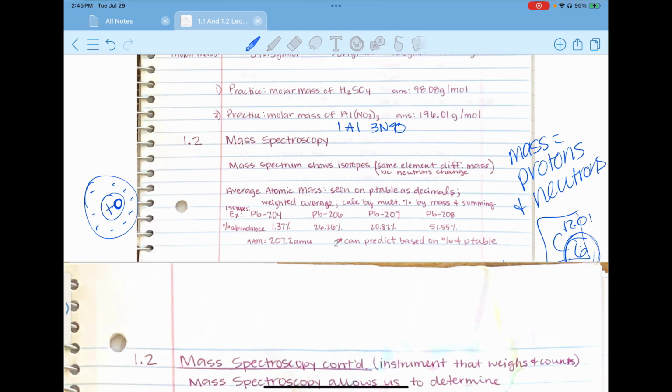It's a rule I tell you to go by. So that number is consistent. So if we're dealing with a sample of carbon 12, it would have 6 protons, 6 neutrons. If we're dealing with a sample of carbon 13, we've got 6 protons, 7 neutrons. All right, so that carbon 12 and carbon 13, those are called isotopes. They're all carbon, they're just different forms. They have a different mass because they have a different number of neutrons.